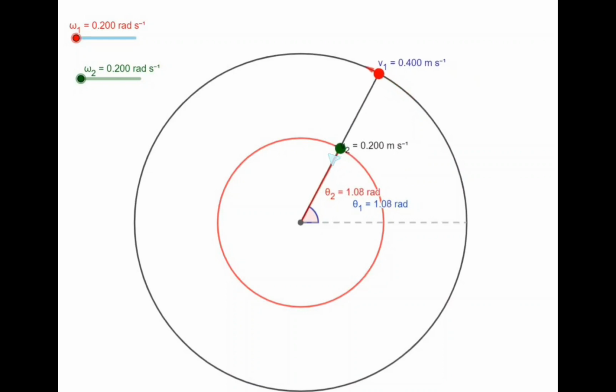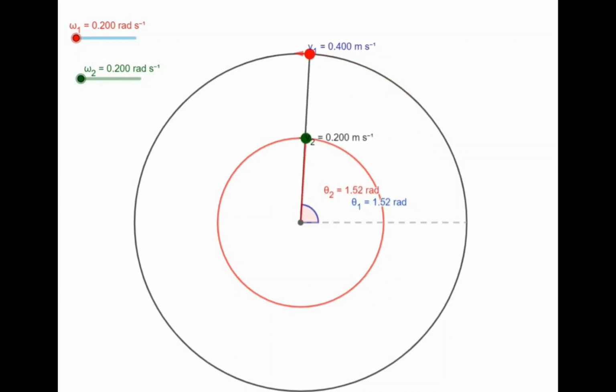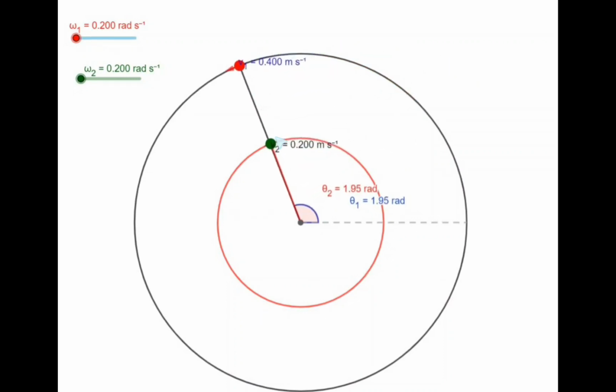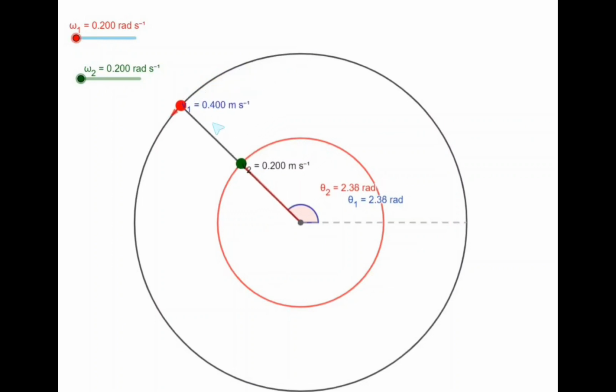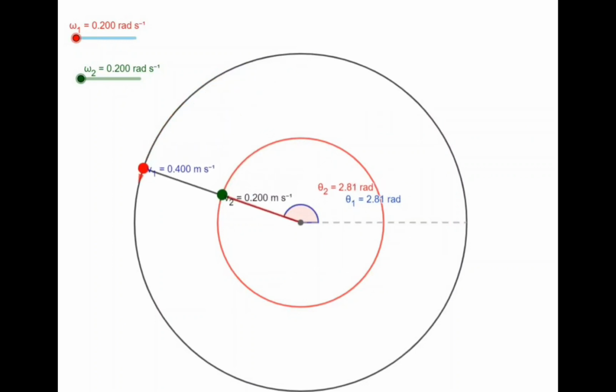Both particles will have the same angular velocity, but the tangential velocity is different for both, and it's constant for both particles, because the tangential velocity for the red one is r omega, and for the green one is r omega, let's name it omega 1 and omega 2.